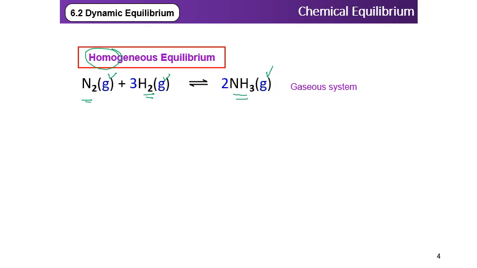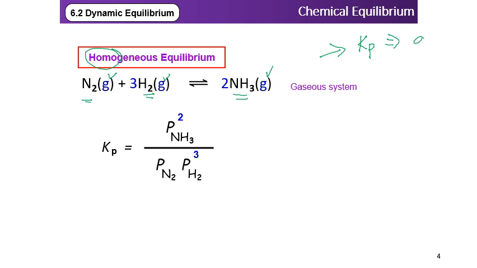So if the question asks us to write the equilibrium constant, we can write the Kp expression, because in the previous slide we said for the species which are gases, we can write the Kp expression. How I'm going to write the Kp expression, again, is always product over reactant.